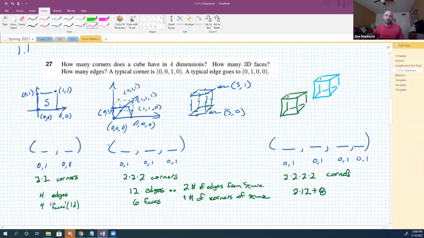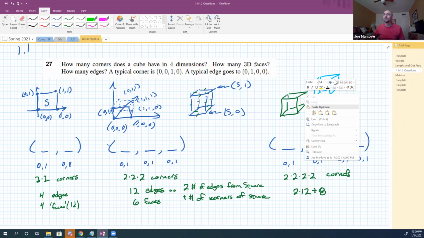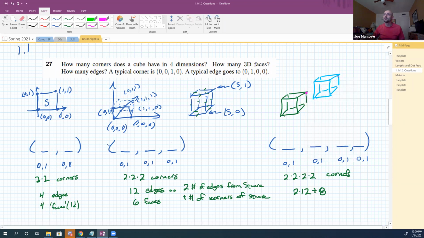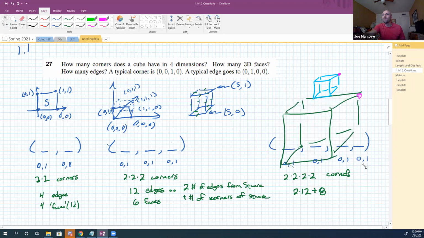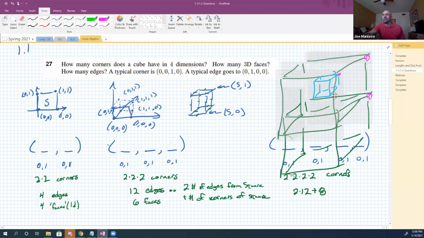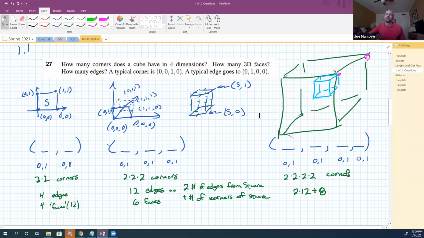And now I need to connect all the edges. You guys see that? So I need to connect this corner here to its corresponding corner back there. You guys see how this is going to be a pain to do? It's actually a lot easier if you do this thing, and then draw them this way.